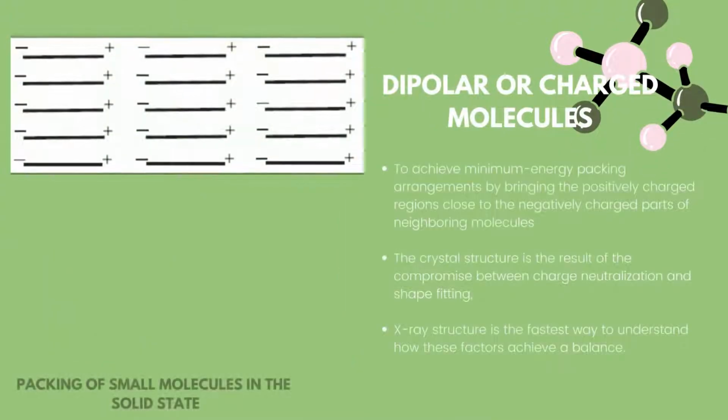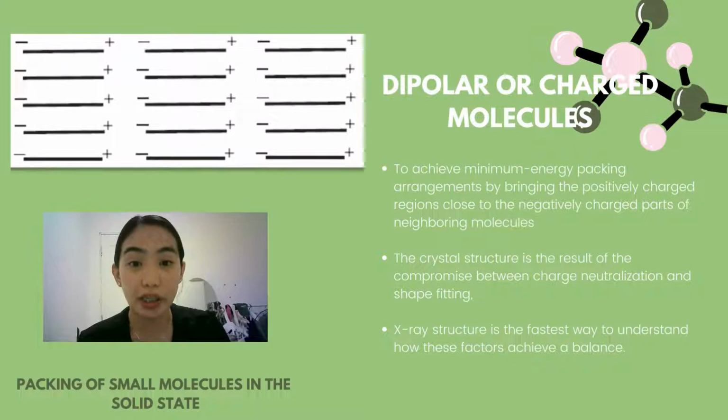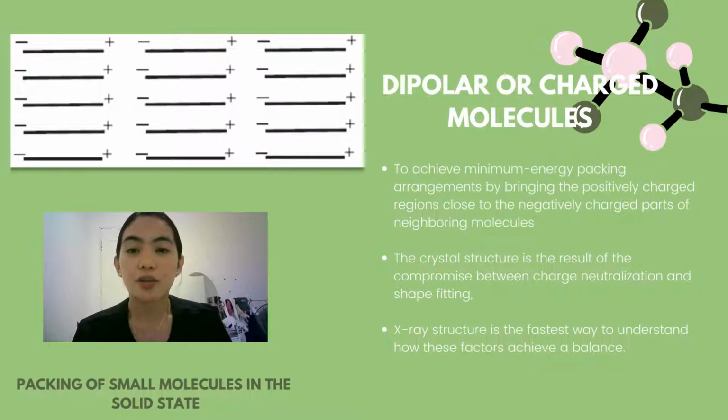The second factor is dipolar or charged molecules. As we can see in the picture on the left side, small molecules with dipoles or separated charges attempt to achieve a minimum energy packing arrangement by bringing the positively charged regions close to the negatively charged parts of neighboring molecules.